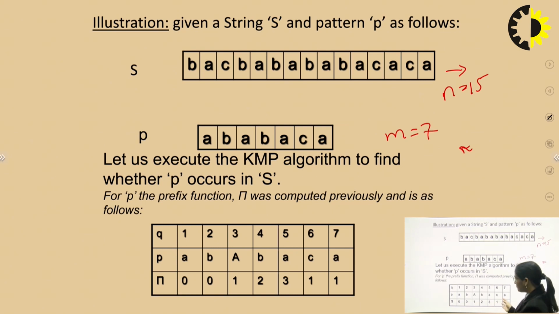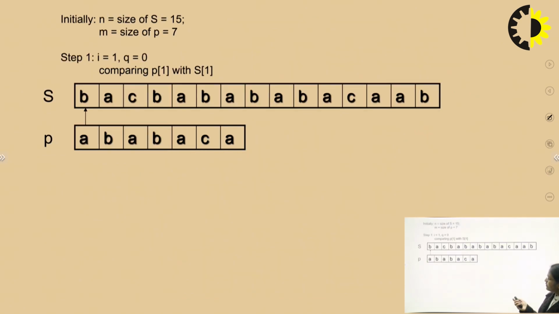We have already computed the prefix function pi for this pattern. So this is our prefix function, and we have to compare our string with our pattern. Initially the size of S is 15 and the size of the pattern is 7.